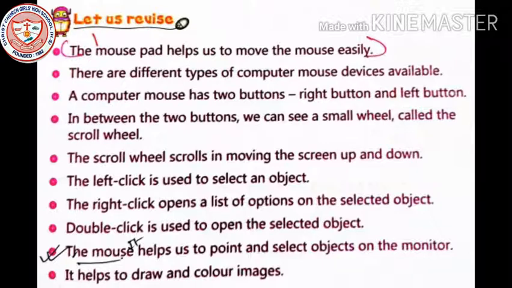But nowadays there are laser mouses, in which we do not use a mouse pad. It is not required, but with an older mouse we should always use a mouse pad so that its longevity can be more and more.